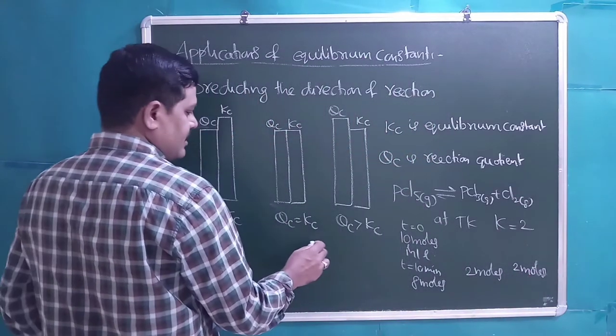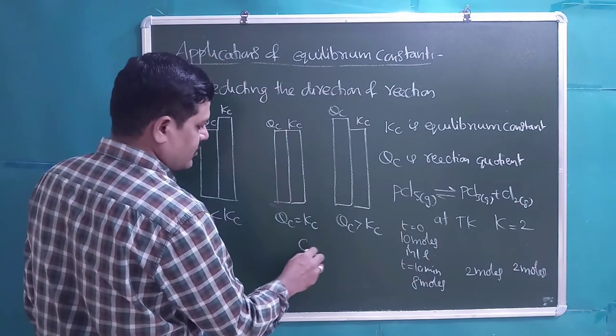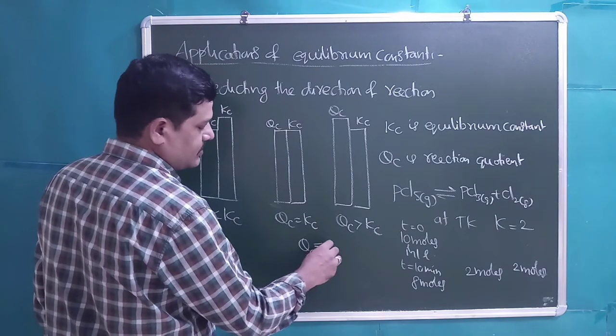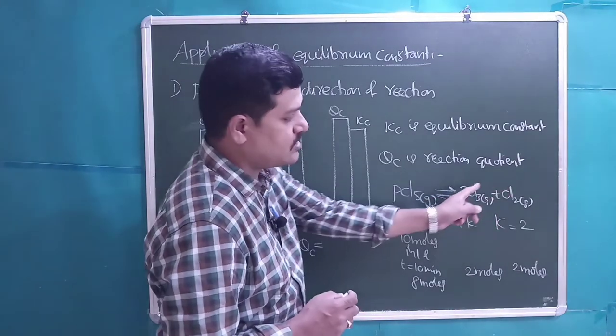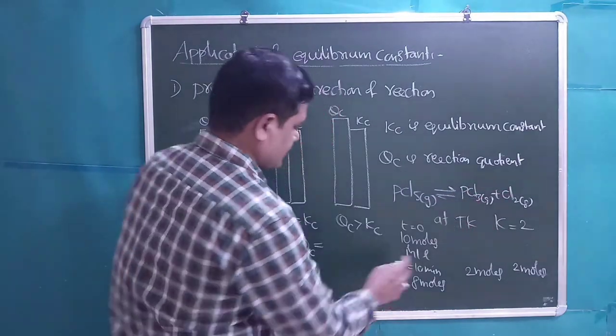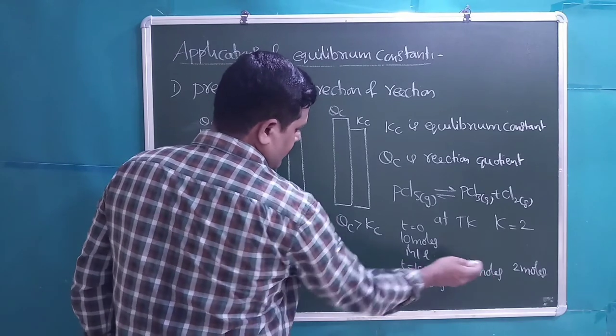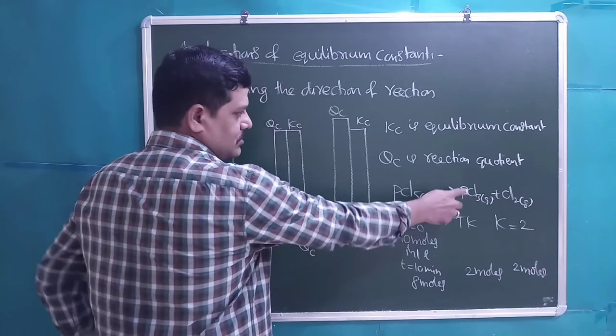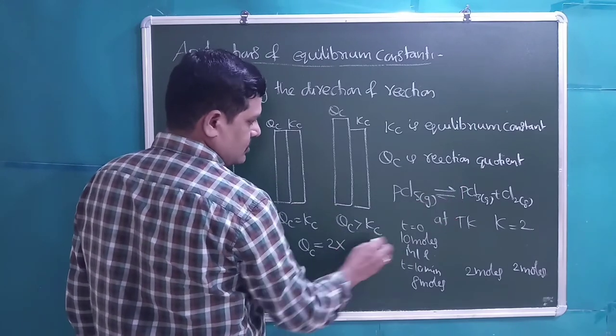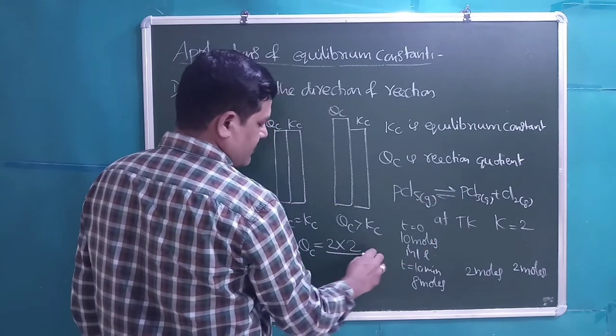Students, the Kc expression will then give us Qc. Qc is equal to the product of the active masses of the products raised to their stoichiometric coefficients. The active mass is 2 moles per liter, raised to the power 1, which is 2, and for Cl2 also 2 to the power 1 is 2.